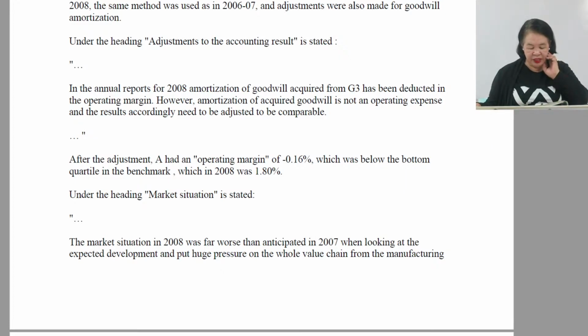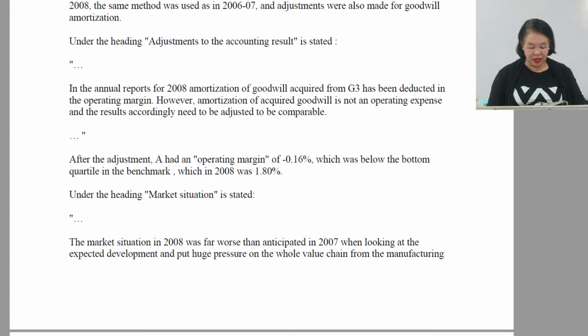So, anong sabi dito? The amortization of acquired goodwill is not an operating expense, and the result accordingly need to be adjusted to be comparable. No? So after the adjustment, A had an operating margin of negative 0.16%, was below the bottom quartile in the benchmark, which is in 2008 was 1.8. No?